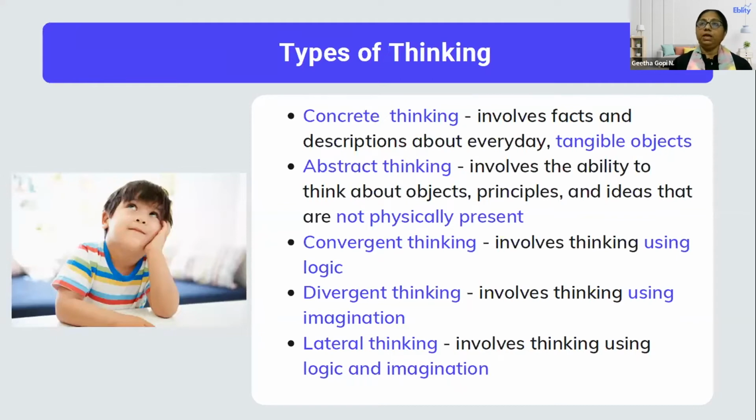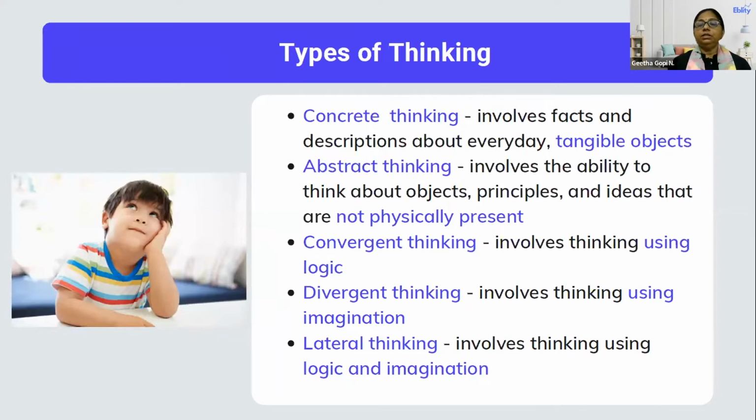That thing may not be present in front of you, but you are able to visualize it in your thought process and therefore find solutions to it. So higher order thinking is abstract thinking.